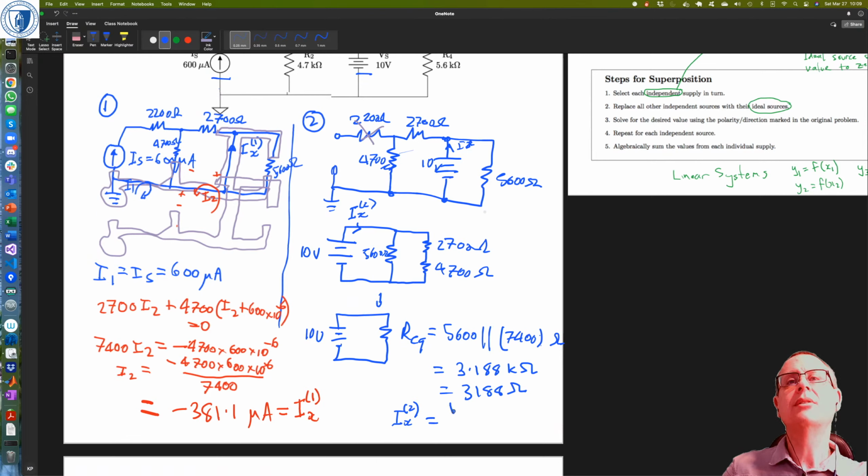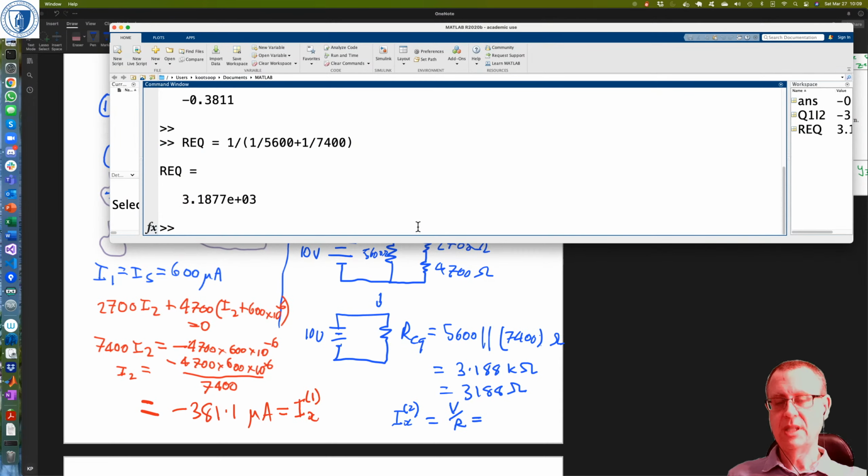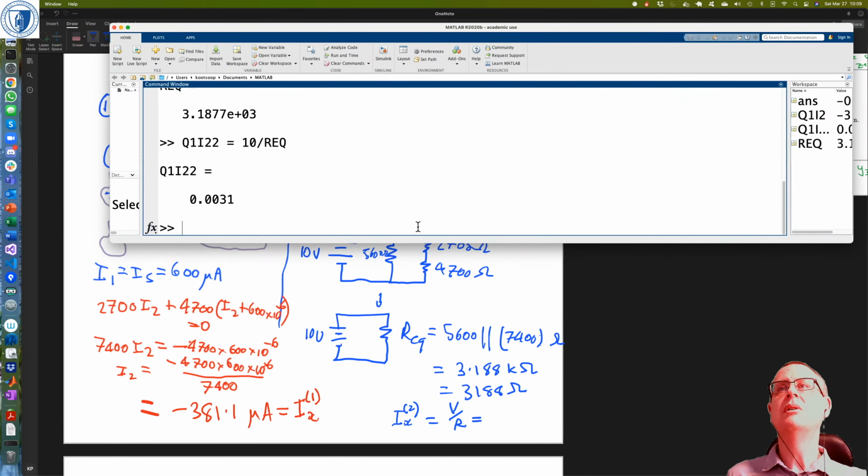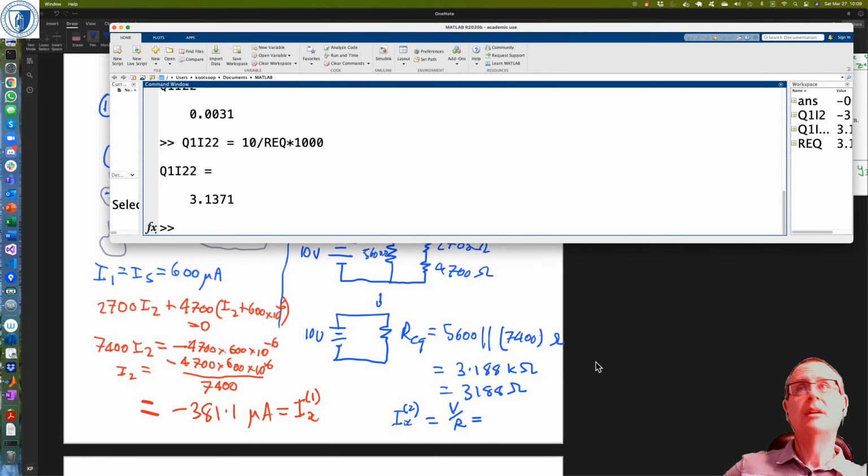V equals IR, so I equals V on R. Right, so it's 10 on that number. So Q1 I22 is equal to 10 on REQ, and I'm just going to multiply that by 1000 to get it into milliamps.